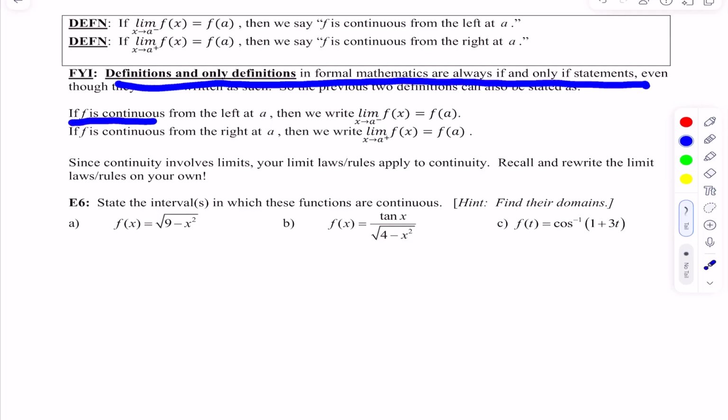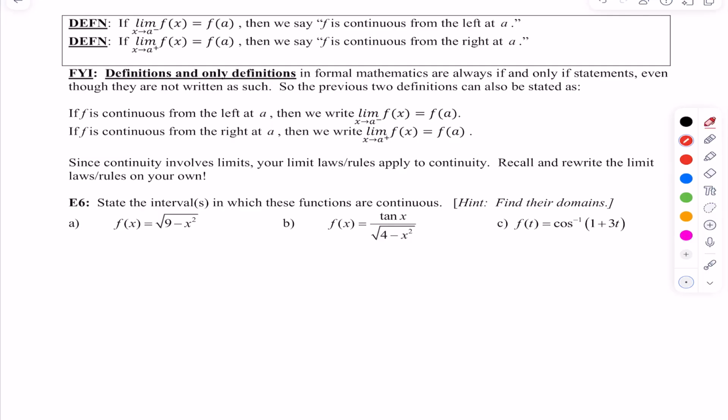That means you could also rewrite the statements into another sentence, and this counts as a definition as well. So pay close attention to your calculus text. Definitions are unlike theorems. All definitions actually are if and only if statements. But make sure you are reading a definition.